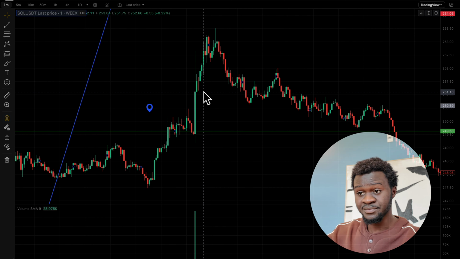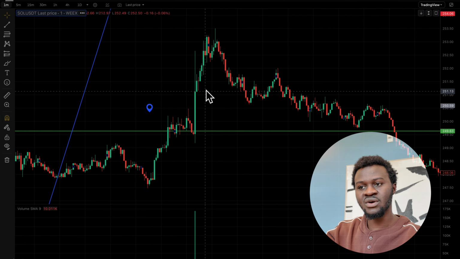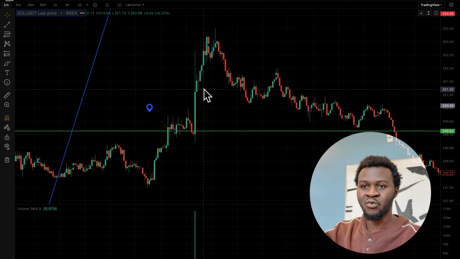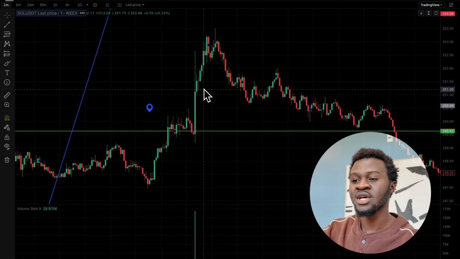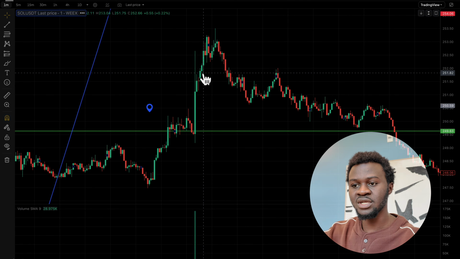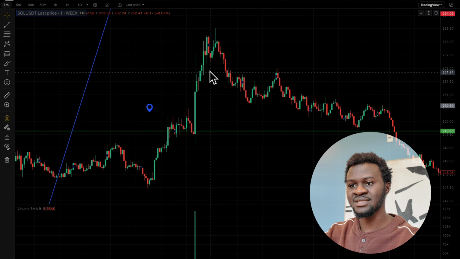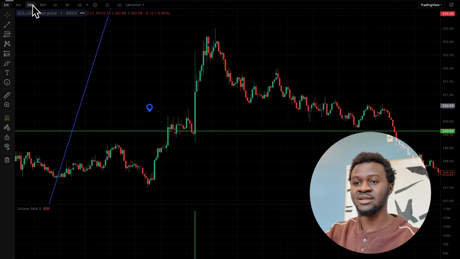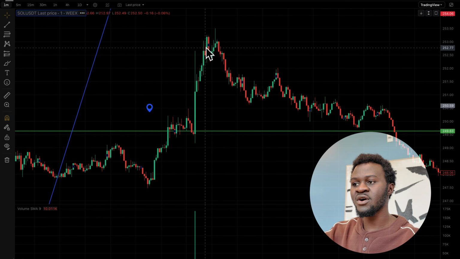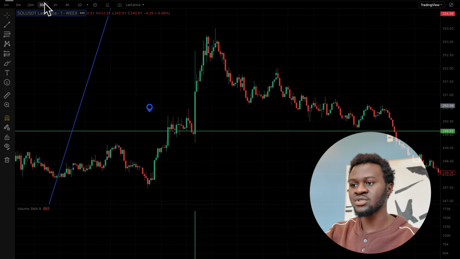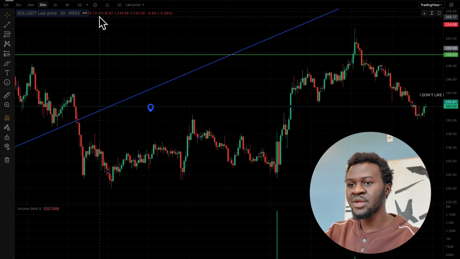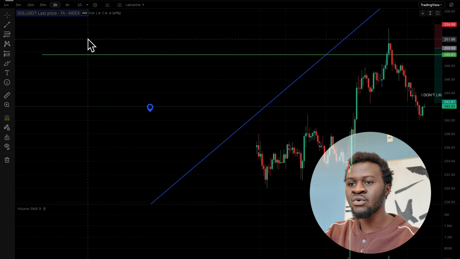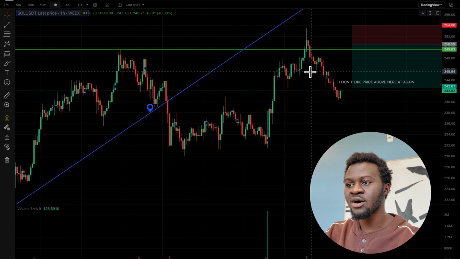I was chill, didn't look at 1 minute no more, because 1 minute wasn't giving me any sign of short. 1 minute was being too bullish at this point, because the moment it started closing above here, I didn't really look at that. I think I was focused on the hour, to see what this hour was going to do, hoping that we could close back below here, but we did not.